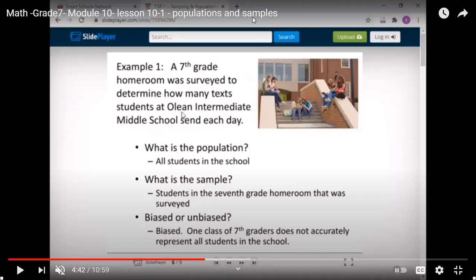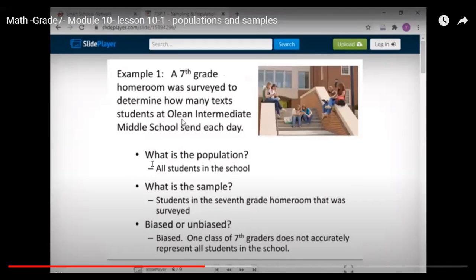So in this question, for everyone, what are we going to search about? Three points. What is the population? What is the sample? Biased or not biased?